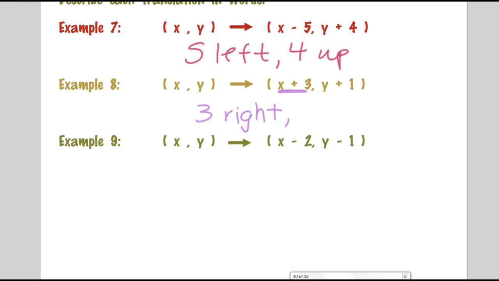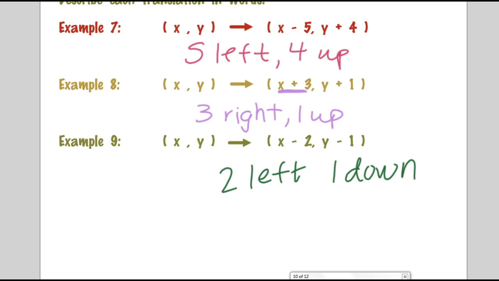And what else? 1 up. 3 right, 1 up. And Jessica, number 9. 2 left and 1 down. Awesome. Questions? Nope. Good. Thumbs up.